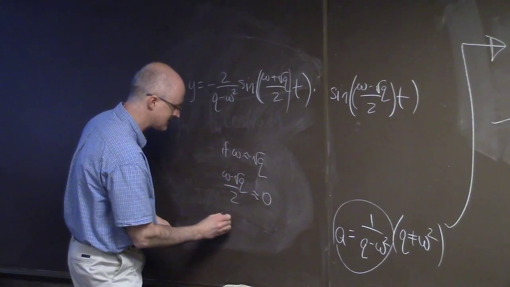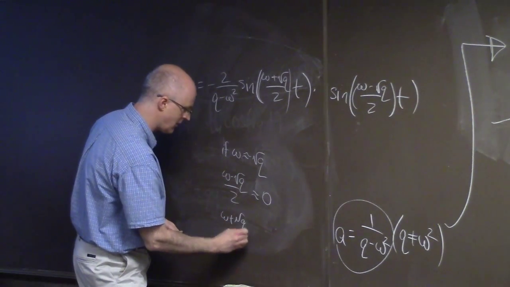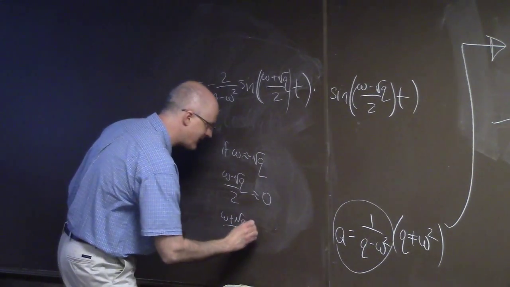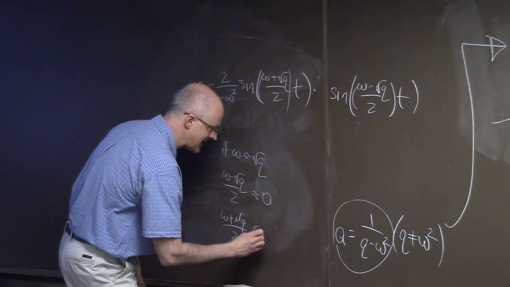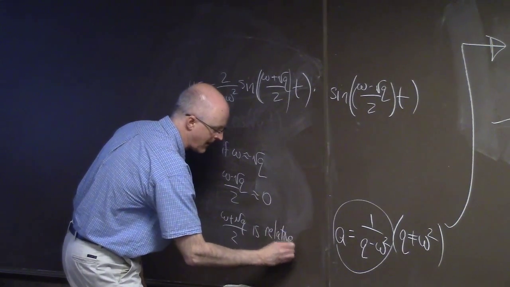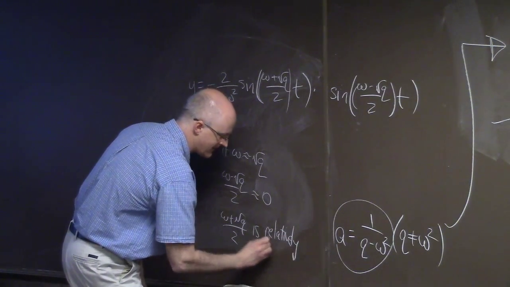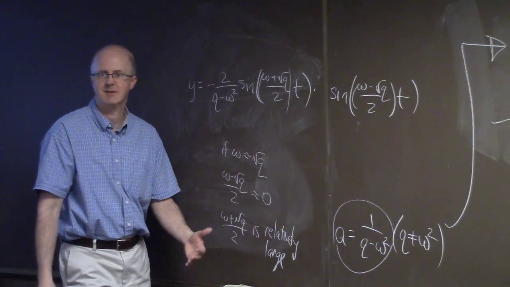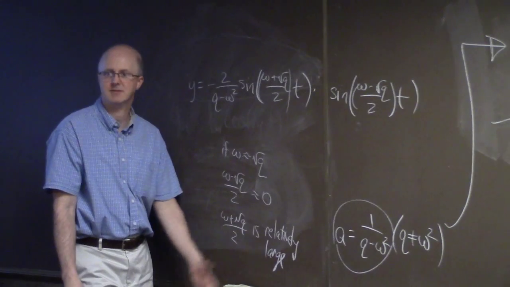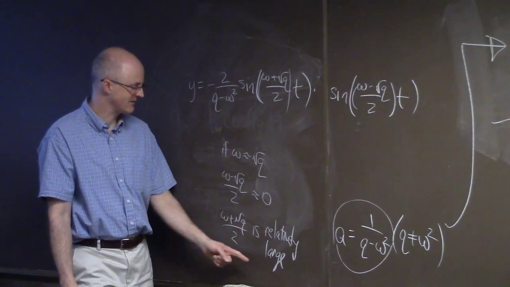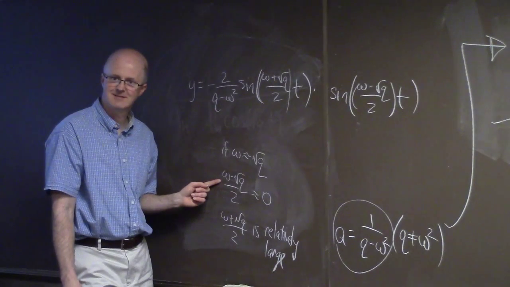And omega plus square root of q over 2 is not so close to 0. Or should I say that is relatively large, where by relatively large, it still could be a small number. It still could be 1 or something. It doesn't have to be a million. It's relatively large compared to that one.